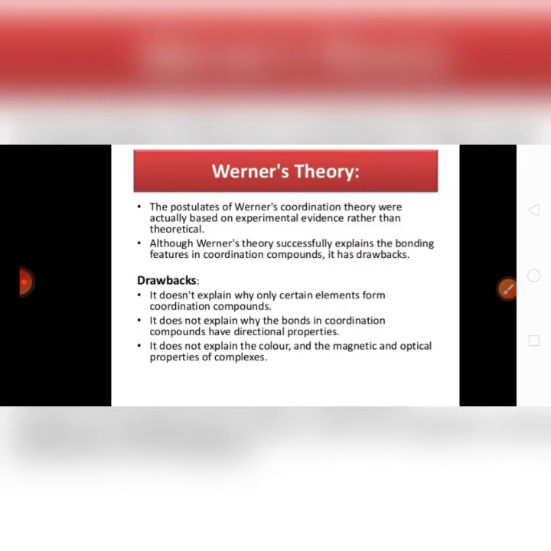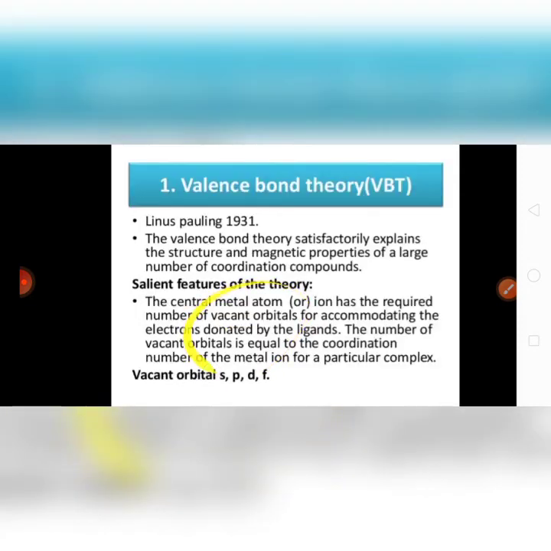The first one is it does not explain why only certain elements form coordination compounds. Another is it does not explain why the bonds in coordination compounds have directional properties. And the third is it does not explain why these coordination compounds are so colorful, why they exhibit colors. This theory does not have any explanation for all these queries.